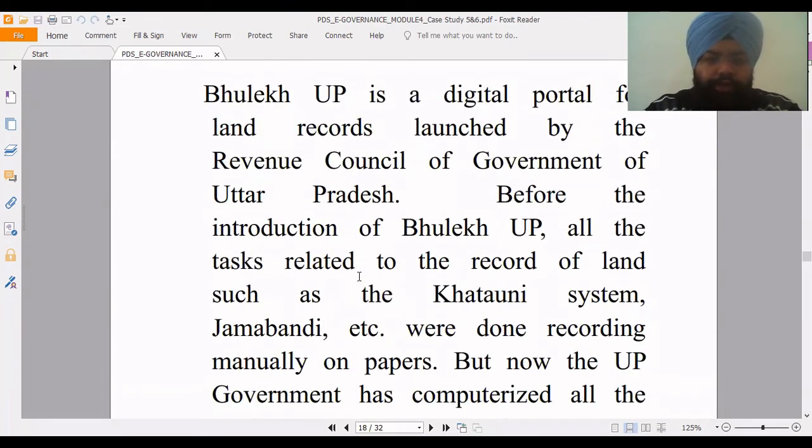Now, Bhulekh UP is a digital portal for land records launched by the Revenue Council of the Government of Uttar Pradesh.